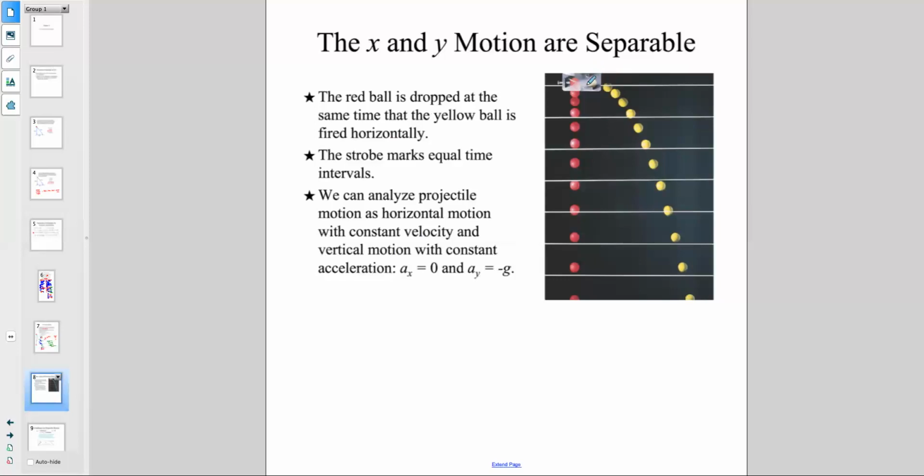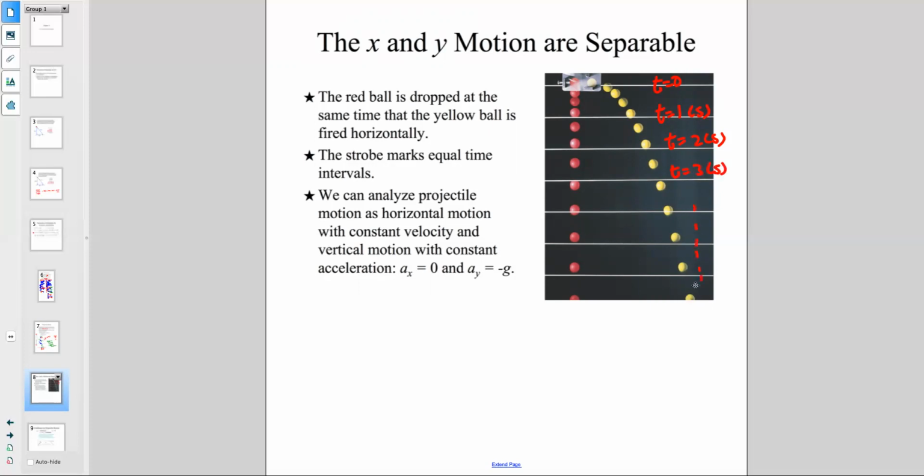So it means not only is it falling down, but it's also moving to the right. Each line that you see here is 1 second. So here I have the starting point of t equals 0 seconds, t equals 1 second, t equals 2 seconds, t equals 3, 4, 5, 6, and so on and so forth, right?